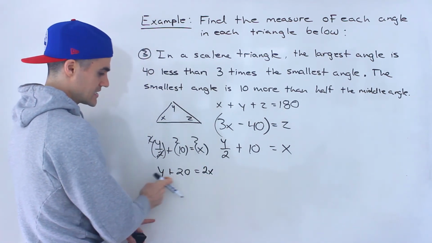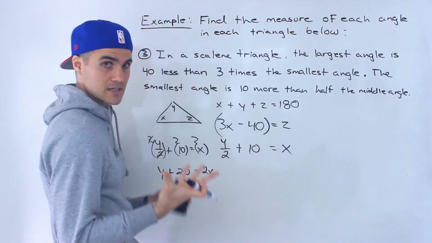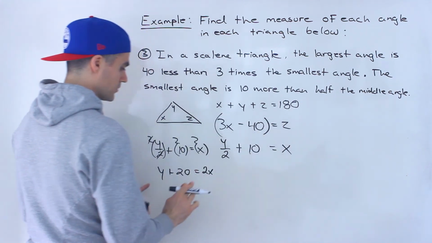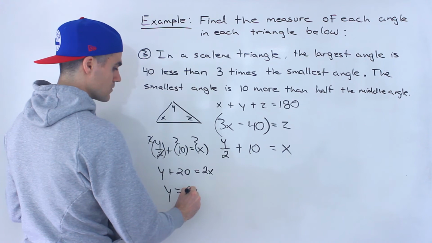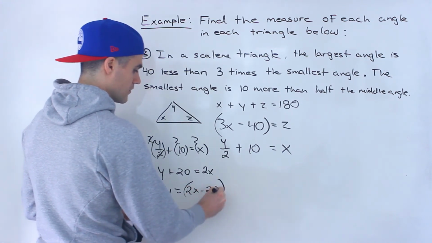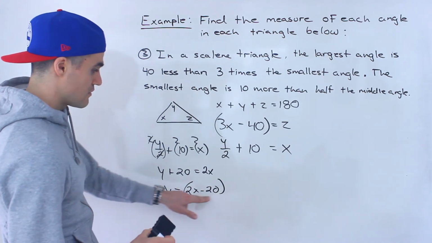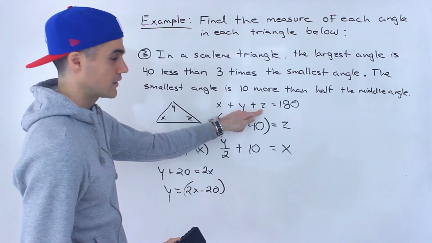All right, so this expression and this expression, they're the exact same thing. They're just in a different format. I just took everything, multiplied it by 2 to get the y by itself, and now y equals 2x minus 20. And so we could take this expression, plug it in for y, take this expression, plug it in for z.